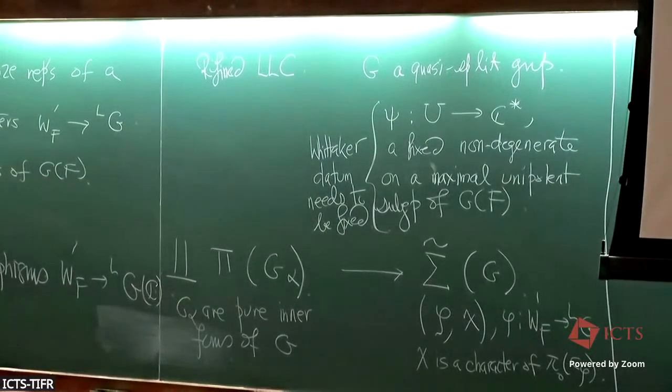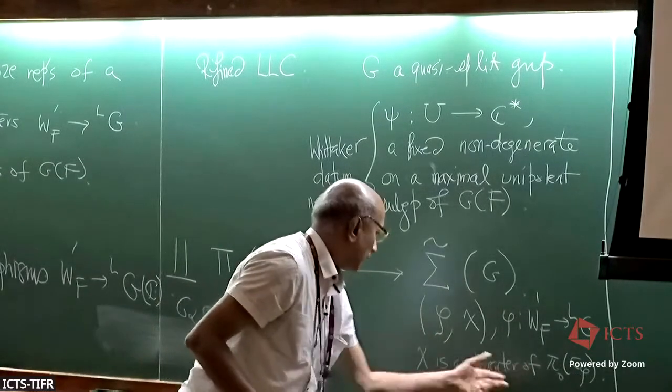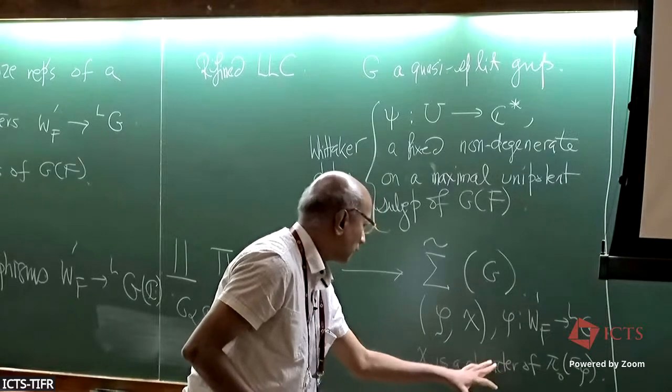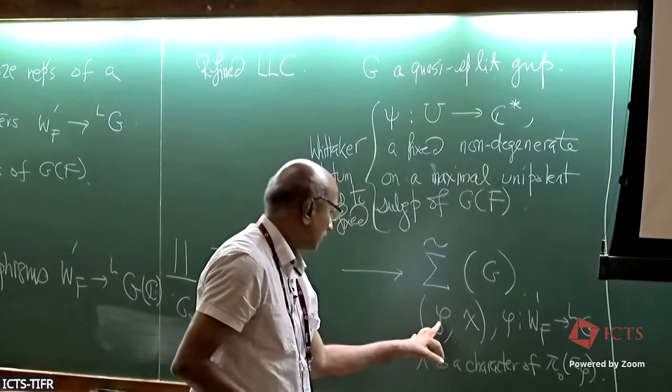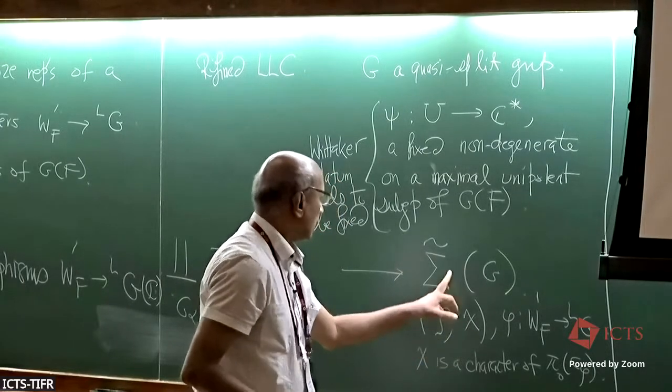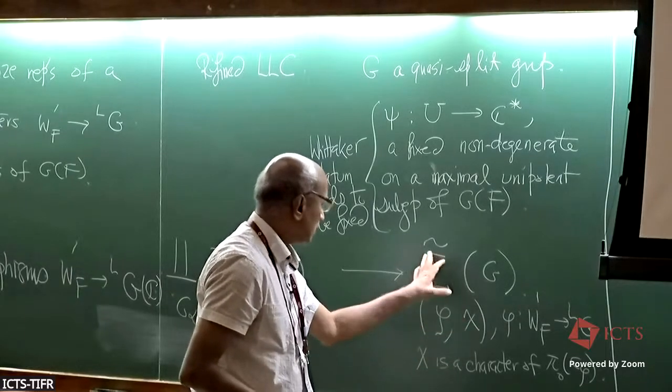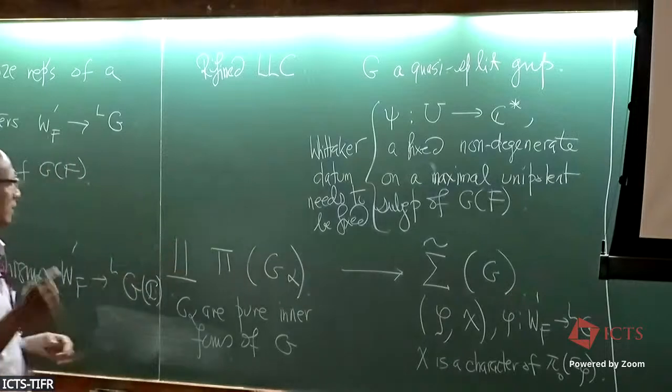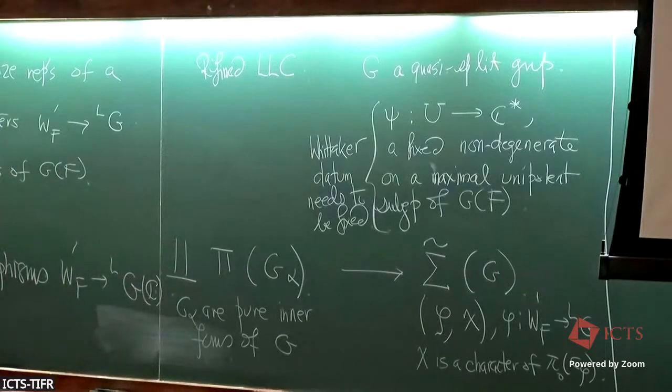So C phi is the centralizer of the image of phi in G hat. This is a finite group, and chi is a character of this group, so this is the enhancement. Phi has been enhanced to a pair phi comma chi, and this set of these pairs is called Sigma tilde G, and the refined local Langlands correspondence, proposed in this form by David Vogan, is supposed to be a bijection of sets.